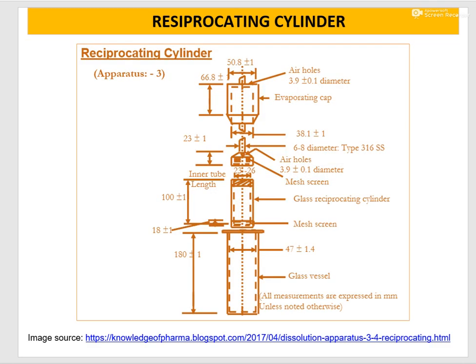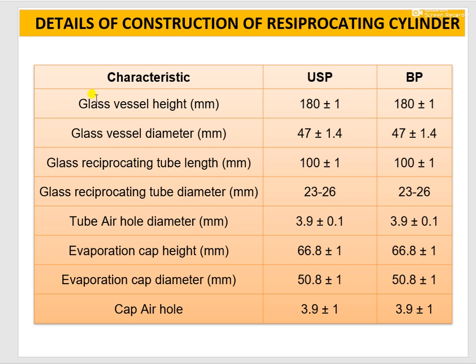Let us discuss in detail about design and its dimensions of reciprocating cylinder. This is a diagram with all the dimensions of reciprocating cylinder. So you have a glass vessel height.